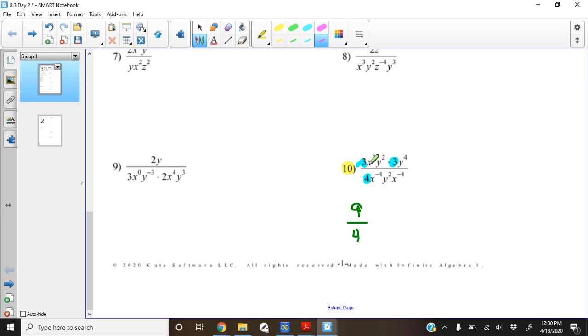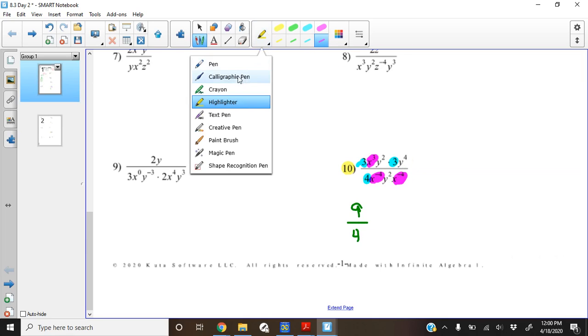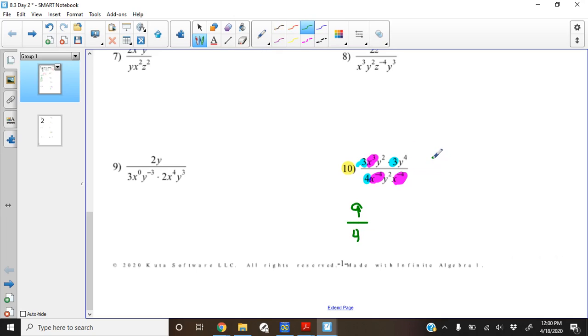And then let's go ahead and start multiplying the x's. So we have x to the third, but there's no other x to the third in the numerator, right? The only other x's that we see are in the denominator. So we have x to the negative 4 and x to the negative 4. So let's see what that's going to look like. So that's really x to the third is in the numerator.